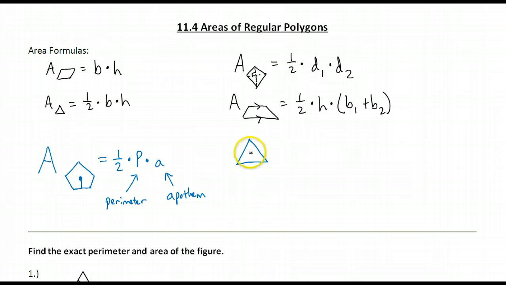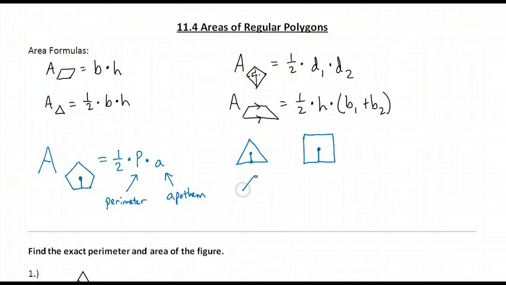If we have a regular triangle, the apothem connects to the midpoint of one of the sides. If we have a square, a regular quadrilateral, the apothem connects to the midpoint of one of the sides.